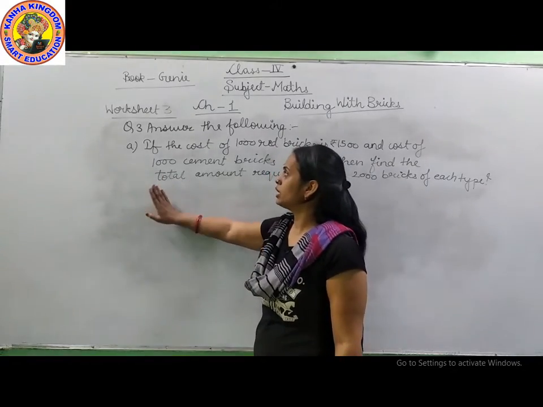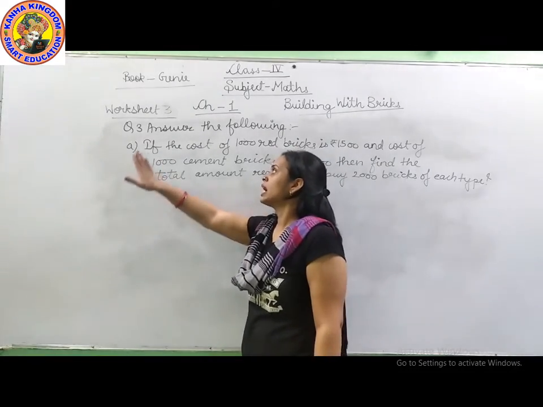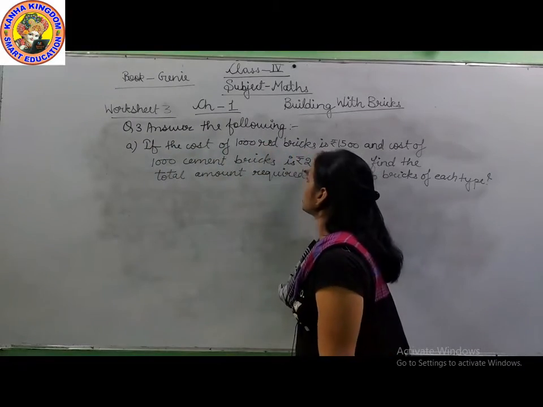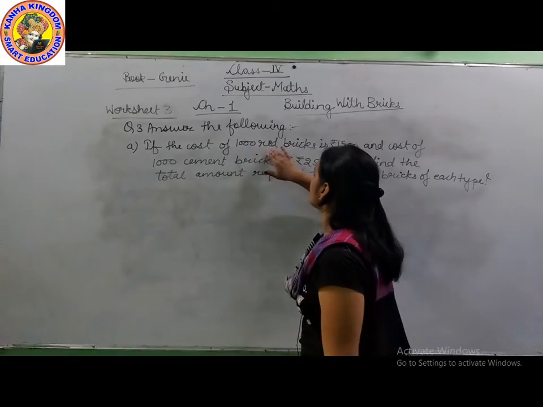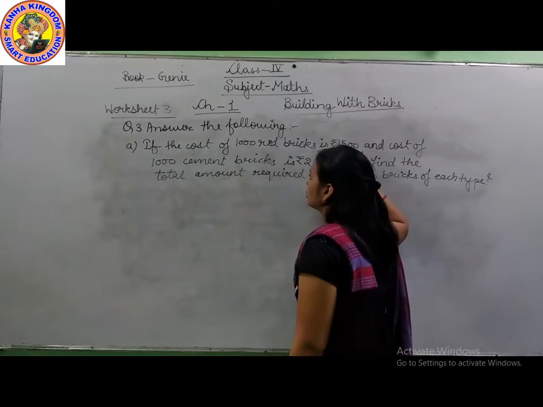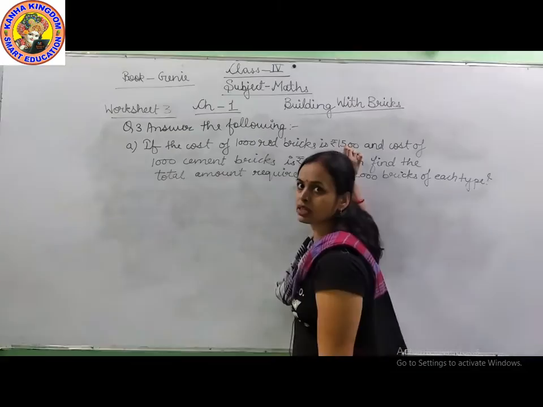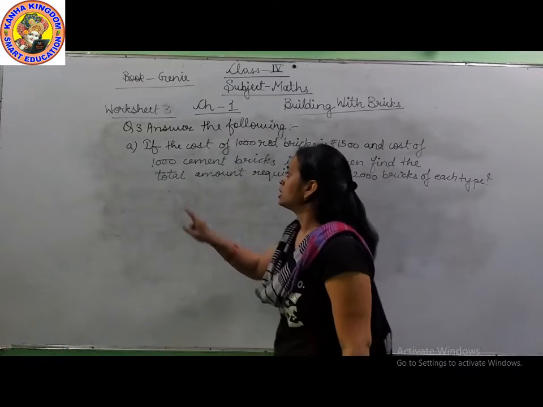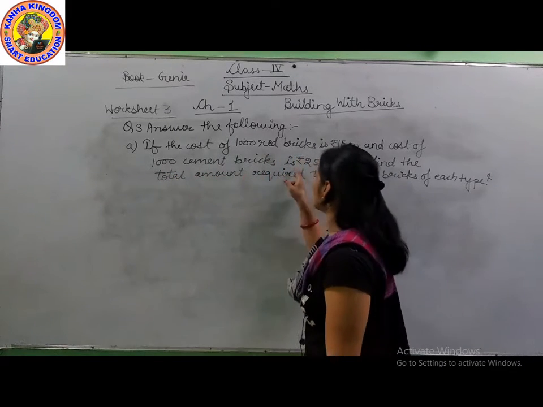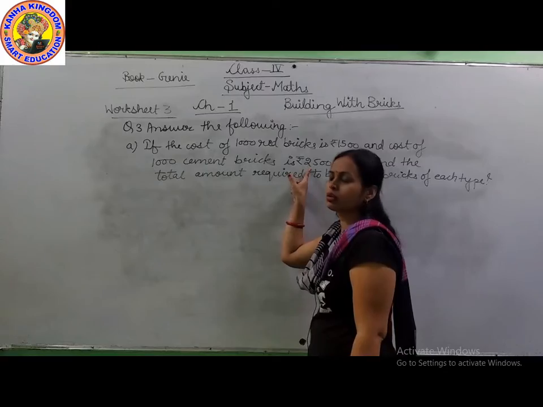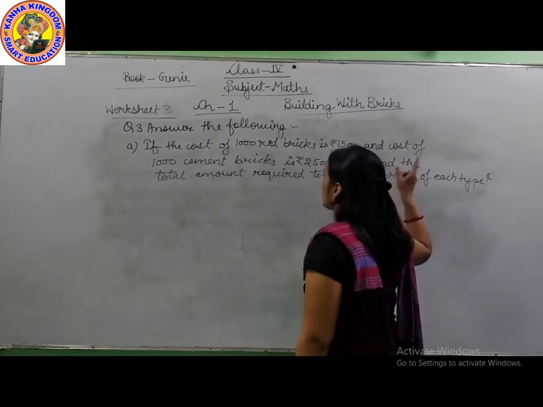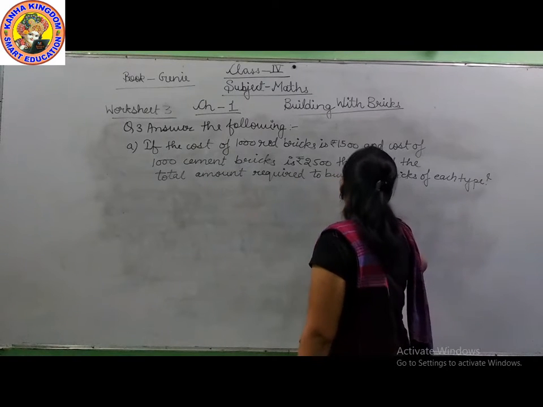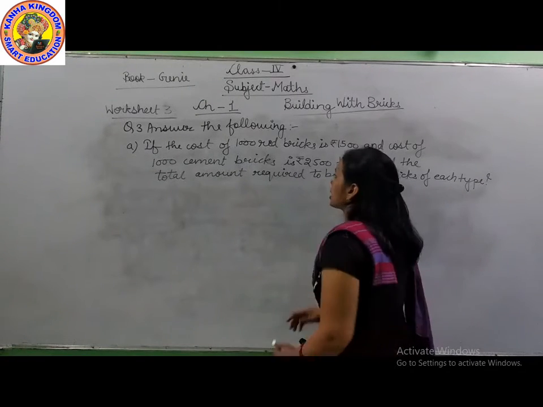Question A is, if the cost of 1000 red bricks is 1500 and the cost of 1000 cement bricks is 2500, then find the total amount required to buy 2000 bricks of each type.